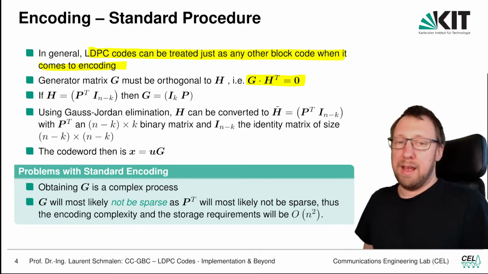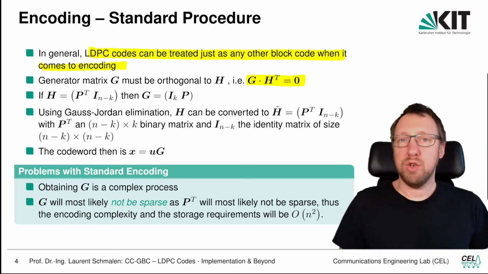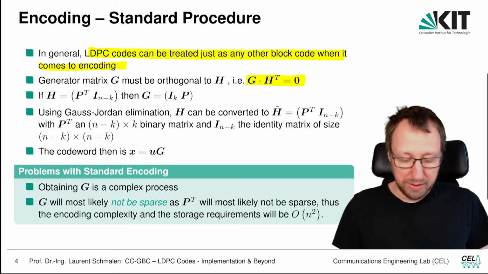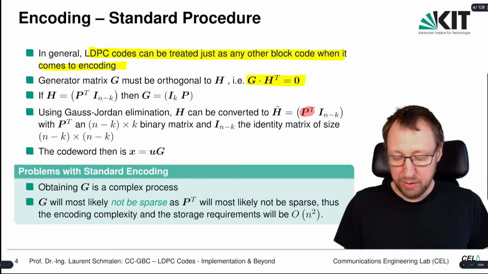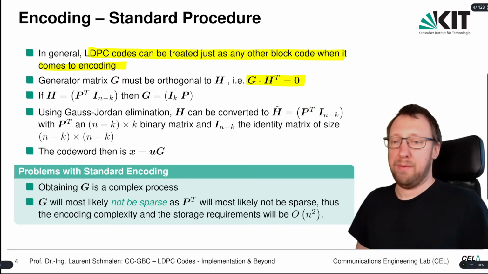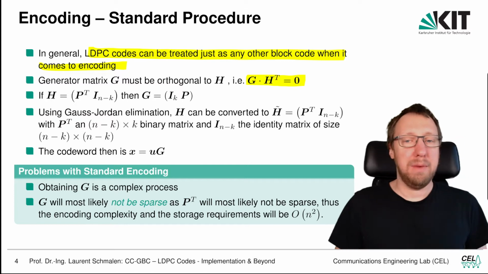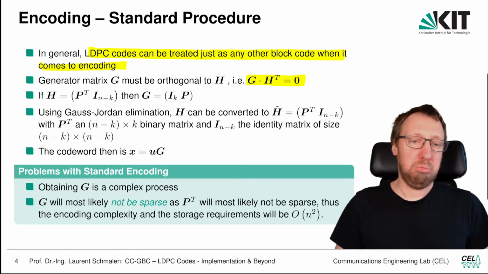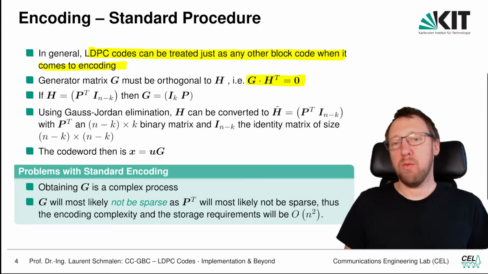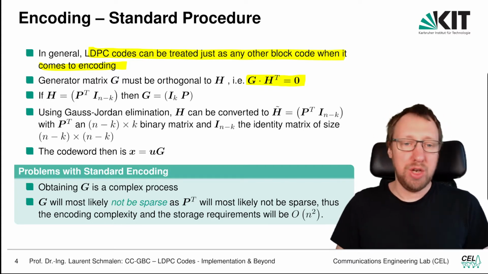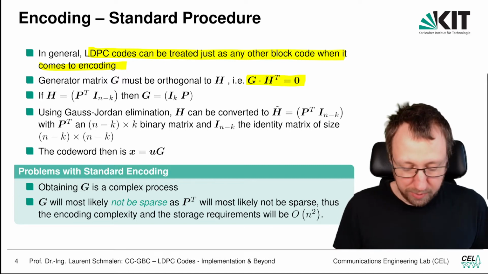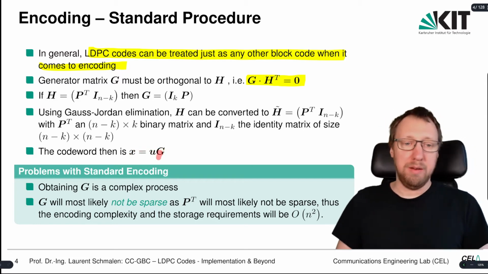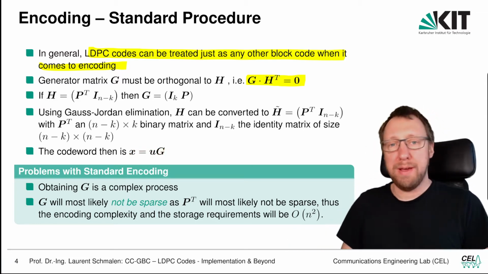So at the end of the day, we could use Gauss-Jordan elimination to transform H to matrix P transposed, followed by a matrix I of size n minus k times n minus k. Then we can get the generator matrix G, and we just obtain the codewords by multiplying our information word with the generator matrix. That would be the standard way.